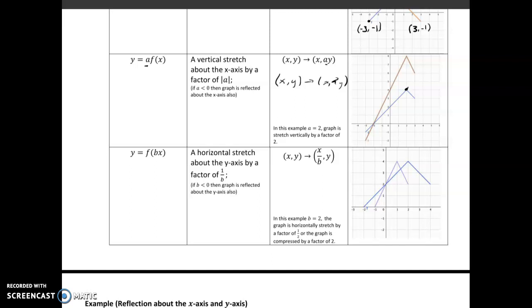So this point was point 2, 4. When we stretch it upwards by a factor of 2, notice this point is being held down. You're putting your foot down along the x-axis and you're pulling the graph up. How much are you pulling it up? Well, you're pulling it up by twice the amount. Okay?